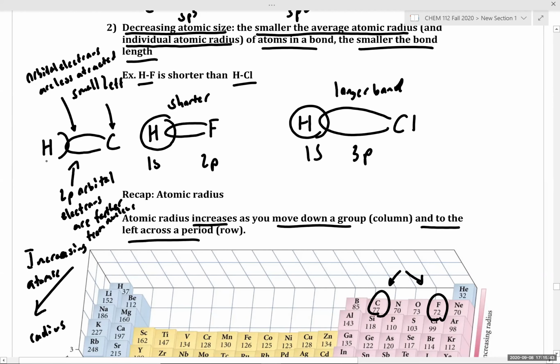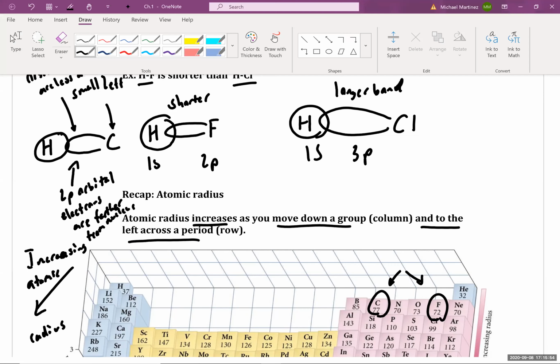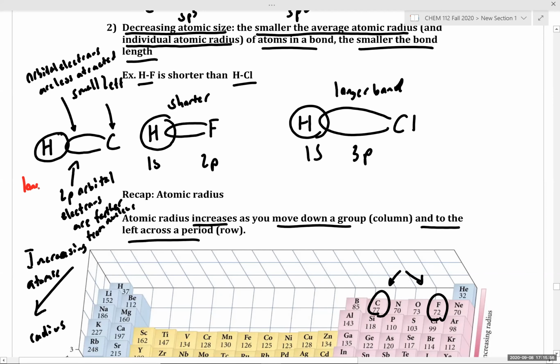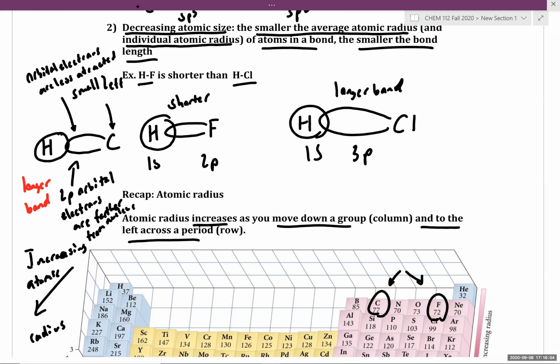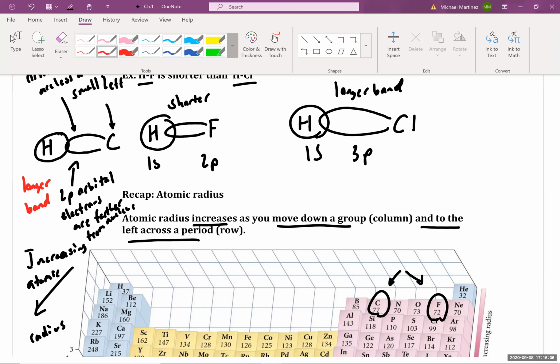And because the electrons in this carbon 2p orbital are less attracted to the nucleus, they extend farther out from the nucleus, and as a result, we end up with a longer bond. Does this argument look familiar to everyone?